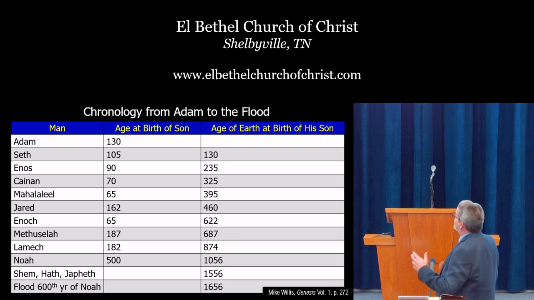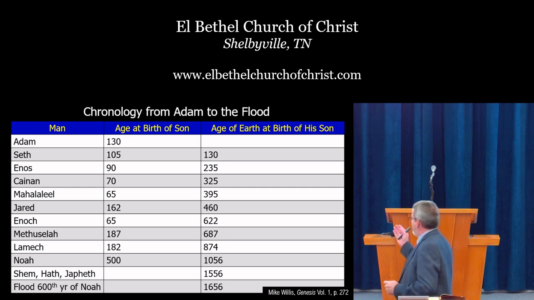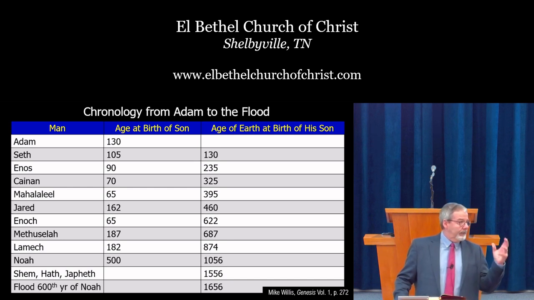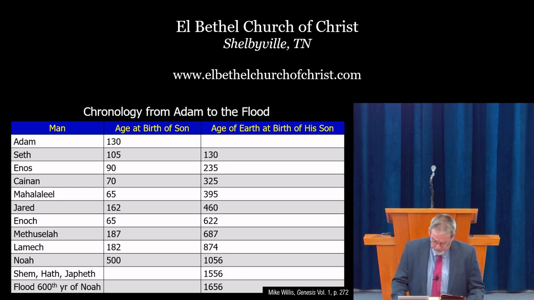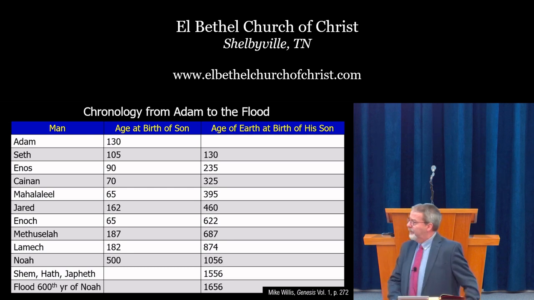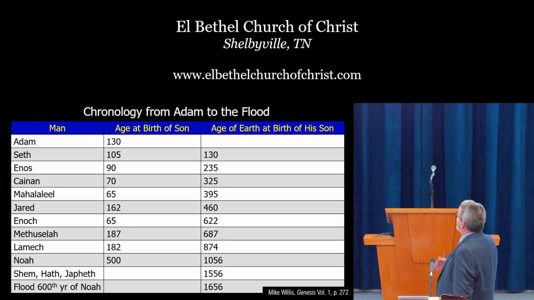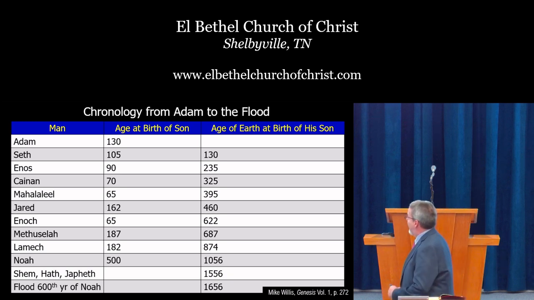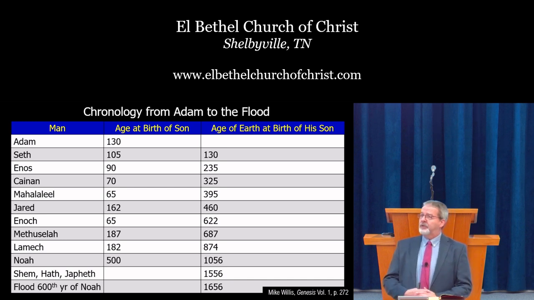Now, this chronology from Adam to the flood is taken from Willis's commentary. Many of you may be looking at his large two-volume set on Genesis that just came out last year, and it's an excellent work. This little chart is taken from that, which to me puts this in perspective. You have the man on one side, in the center column the age he was at the birth of his son, and in the third column the age of the earth at the birth of his son.